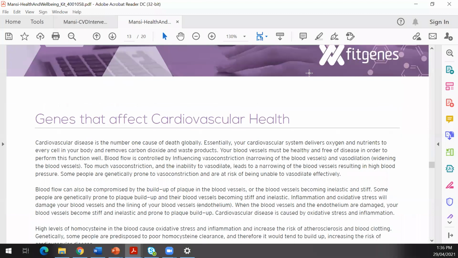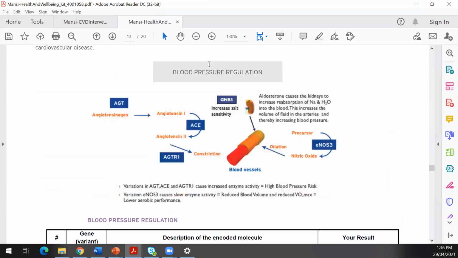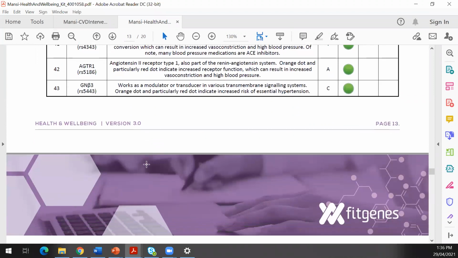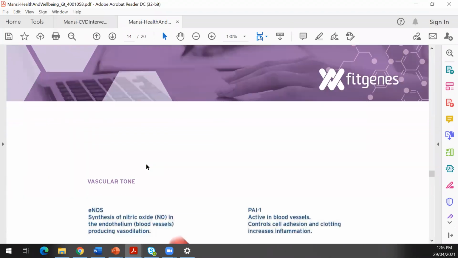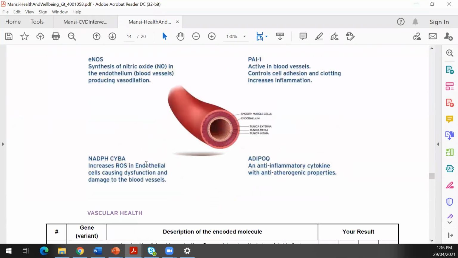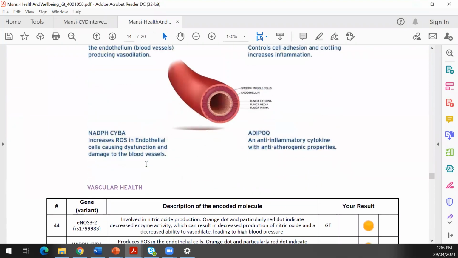They are looking at blood pressure regulation. And the data is based on whatever human data has been collected. So this is just the tip of the iceberg, because you have seen that a SNP in any of the enzymes in such a complex body as humans can cause an issue.